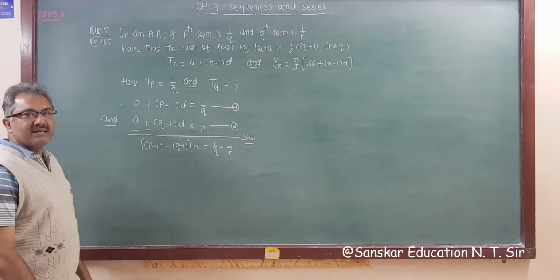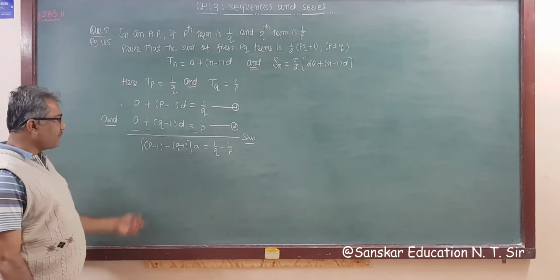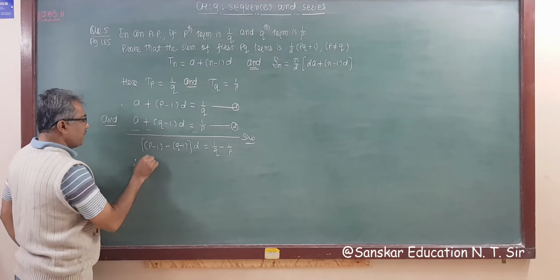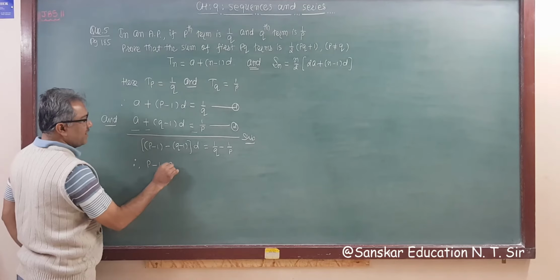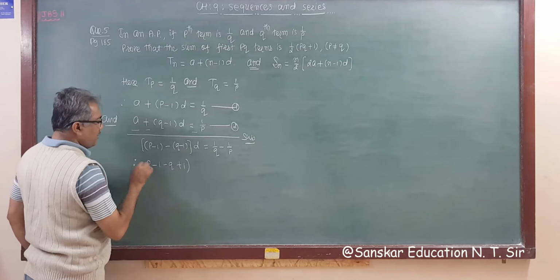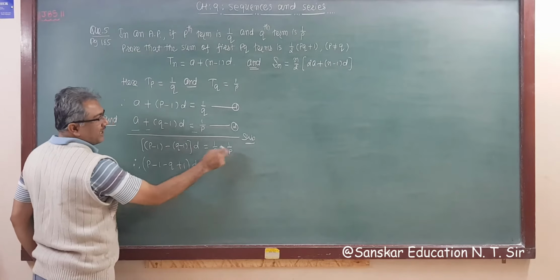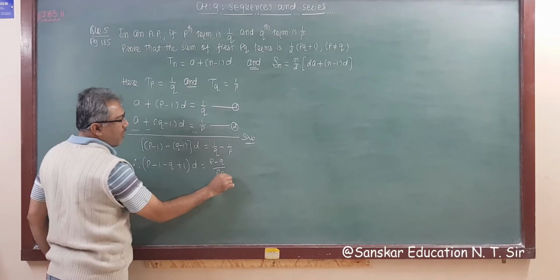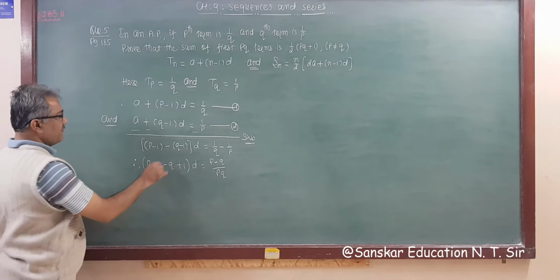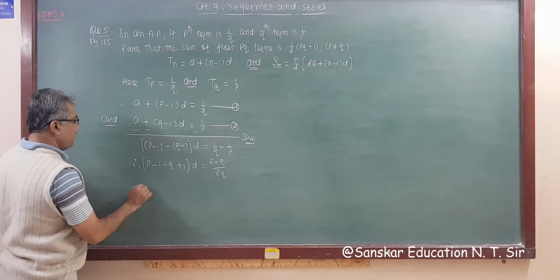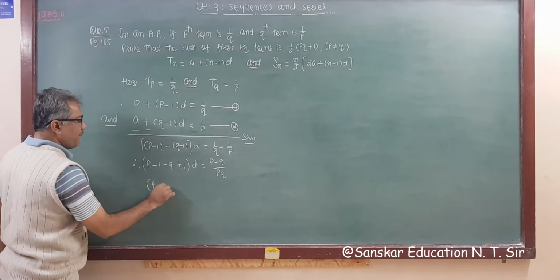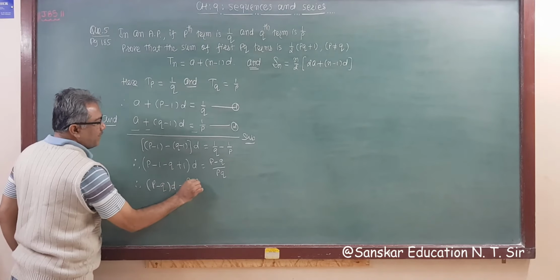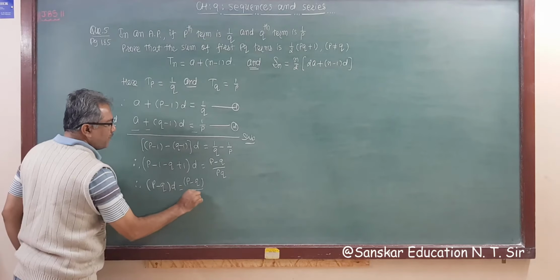If we expand this, we get (p minus 1 minus q plus 1) into d is equal to, taking LCM, (p minus q) upon pq. So the remaining term will be (p minus q) into d is equal to (p minus q) upon pq.